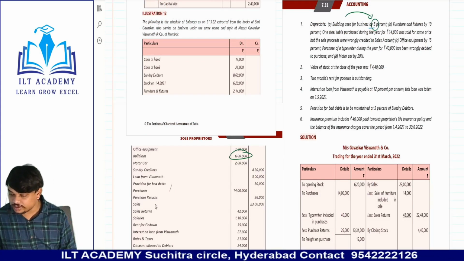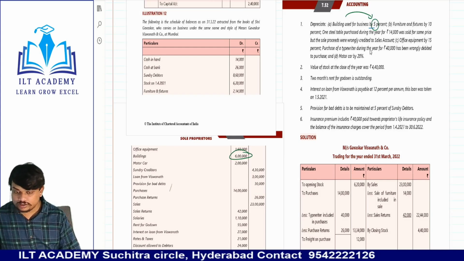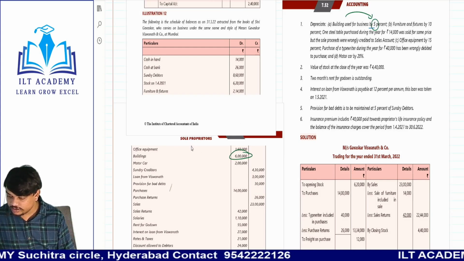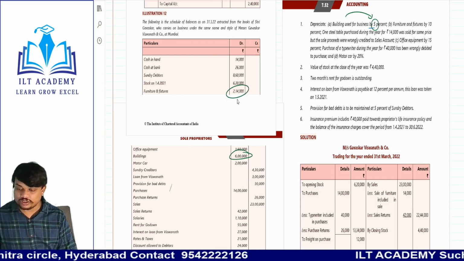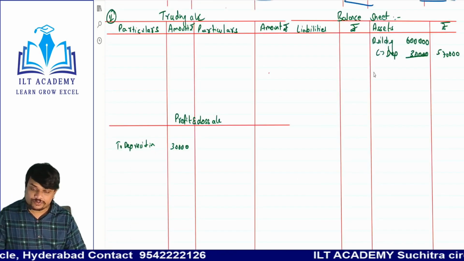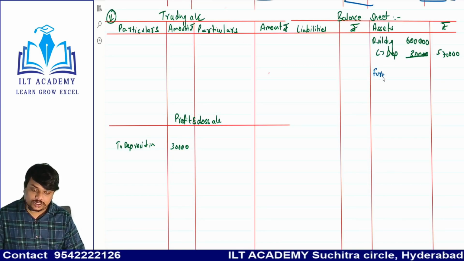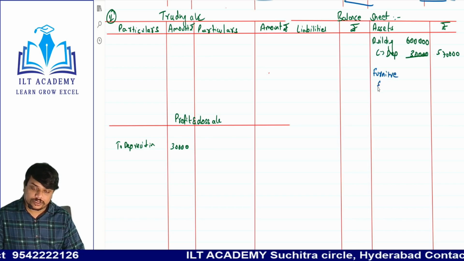Furniture and fixtures at 10%. Furniture and fixtures is 2,14,000.